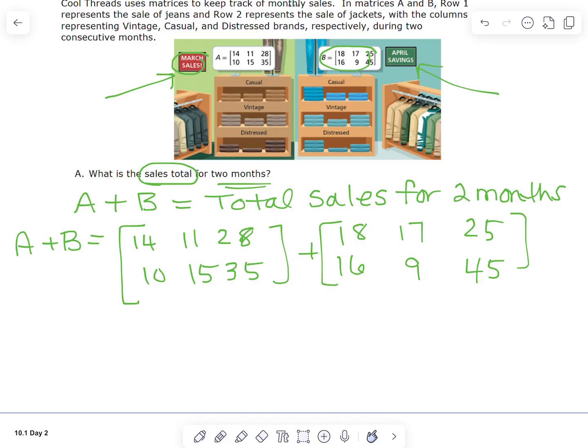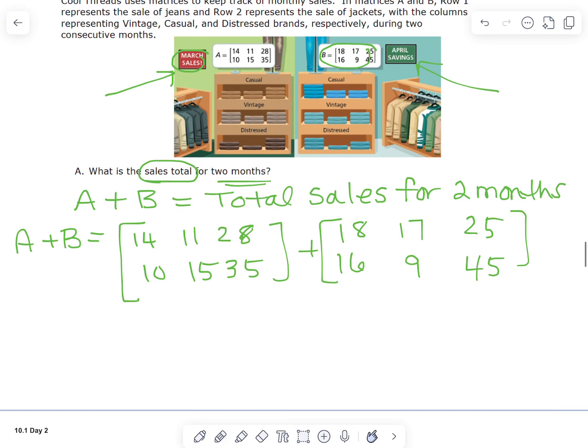And then we add the corresponding elements together.